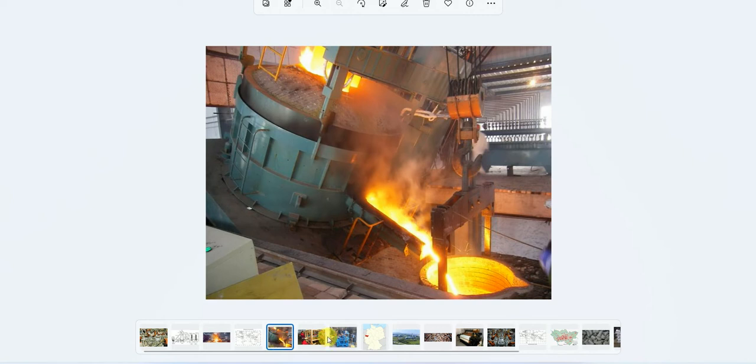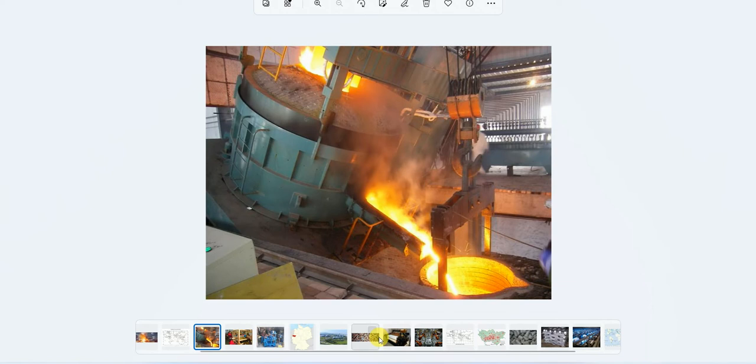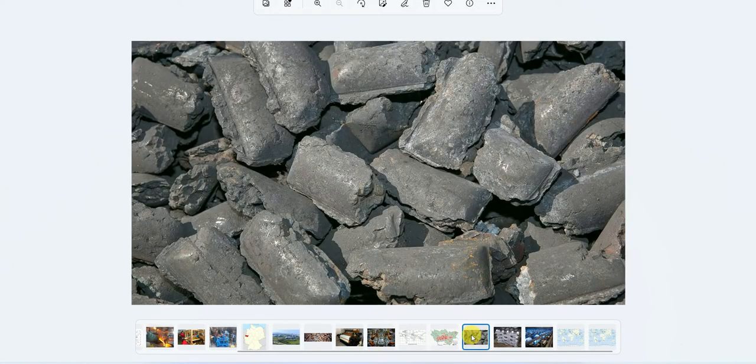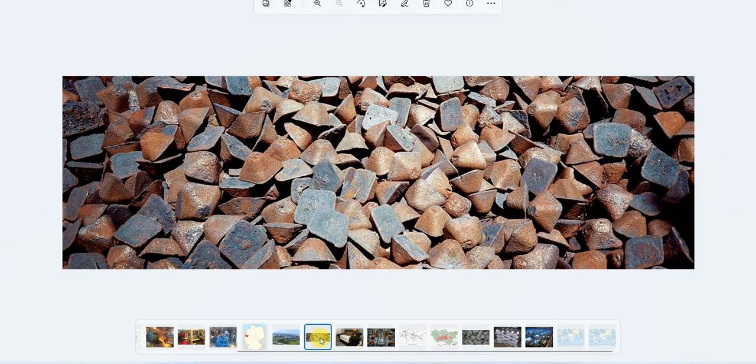After smelting the iron, we get pig iron and different other types of iron. For example, this is a photograph showing sponge iron. And this is a photograph showing pig iron, which will again be smelted and manganese will be mixed, and after that we will get stainless steel.